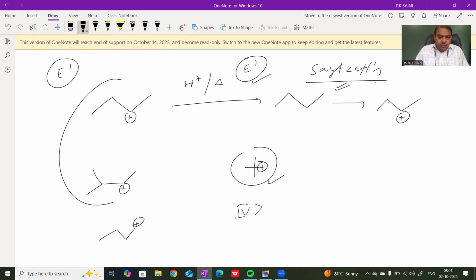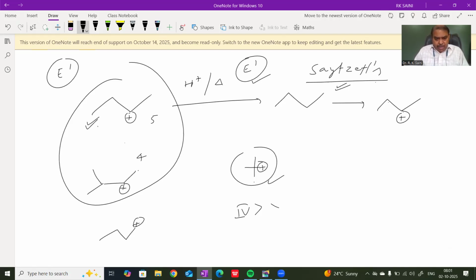Then in case of secondary carbocation, we consider their stability as it is, not considering rearrangement. Carbocation first contains 5 alpha H and carbocation second contains only 4 alpha H. It means carbocation first is more stable.